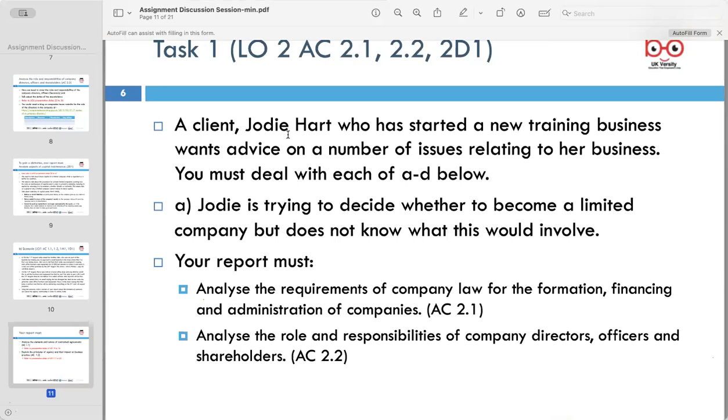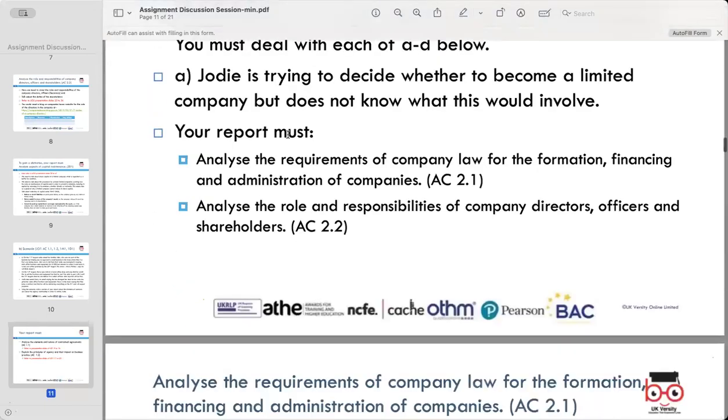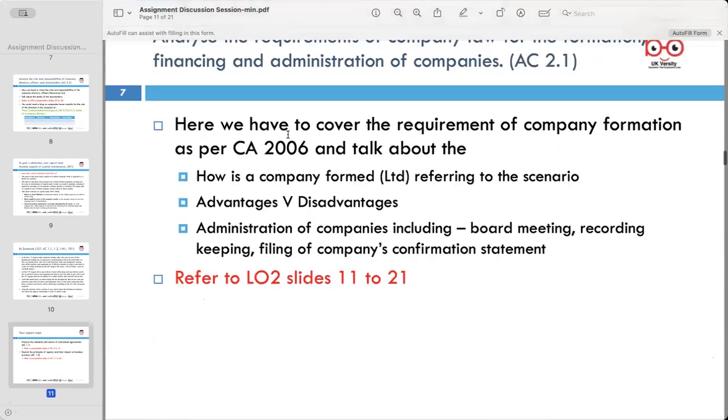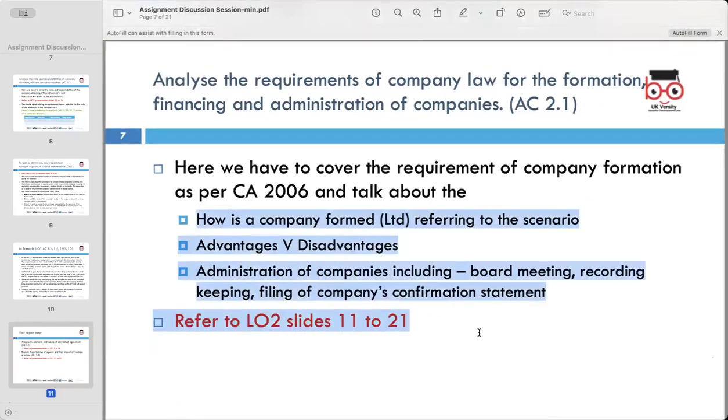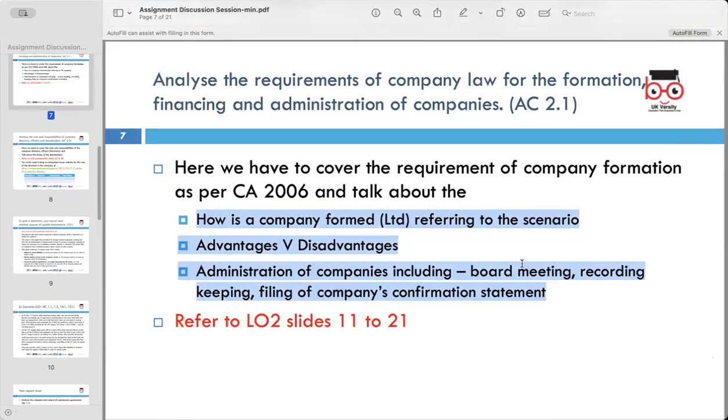I understand, I know what your question is. In the initial tasks you will only talk about these things, like forming a company.